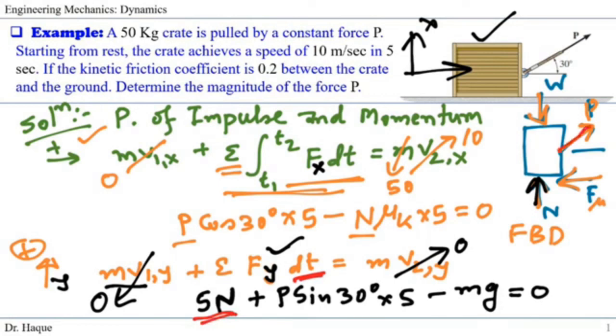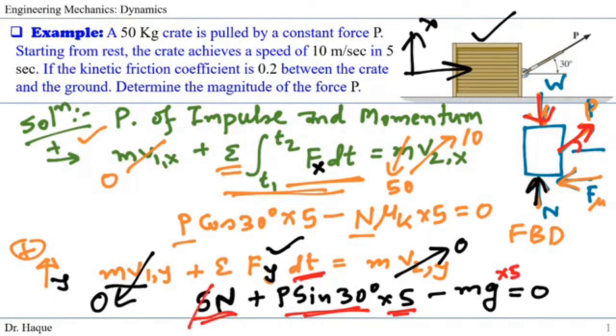There is also a component of the P force. Since it is 30 degrees, I will have P sine 30 degrees, and it acts for 5 seconds. We also have the weight downward, right? Weight is mass times gravitational acceleration, mg, and it also acts for 5 seconds, so mg multiplied by 5.